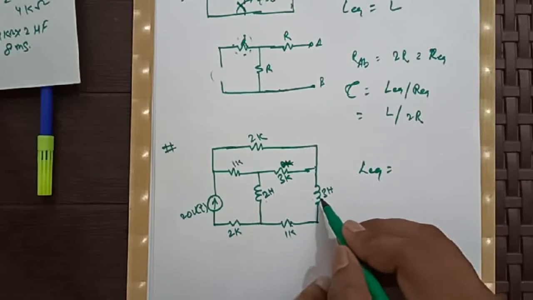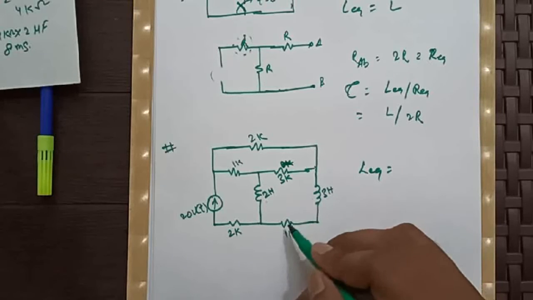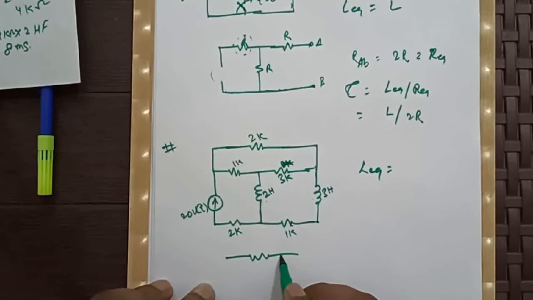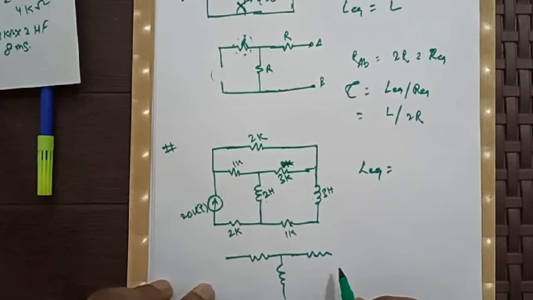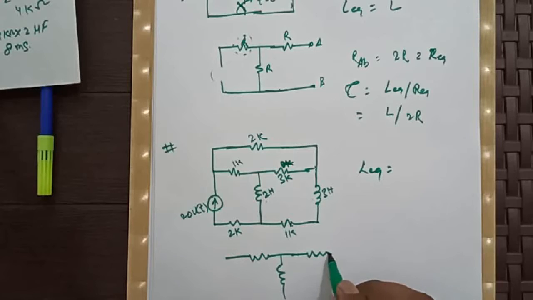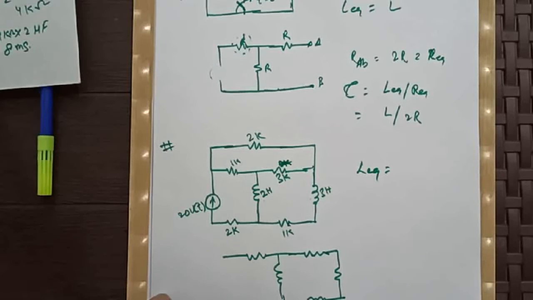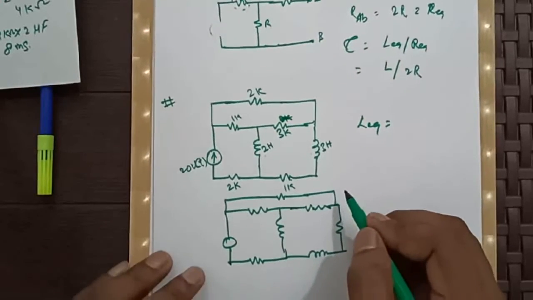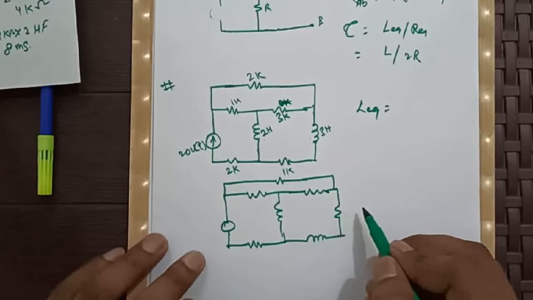So after interchanging this, the circuit will become, and one more resistor here, right?